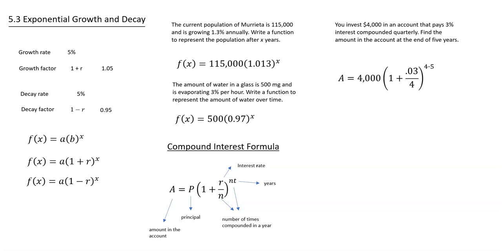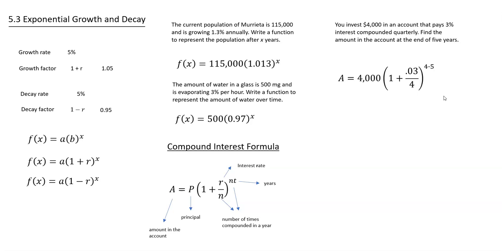So 4,000 times 1 plus 0.03 over 4, to the 4 times 5 power, or to the 20th power. So our initial amount, 4,000, our interest rate, 4 times a year. We're going to take a fourth of that rate and give the person the interest then, and then do that 4 times a year for 5 years.